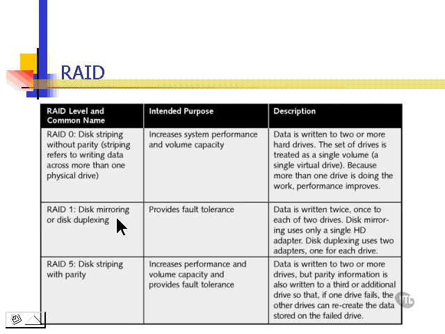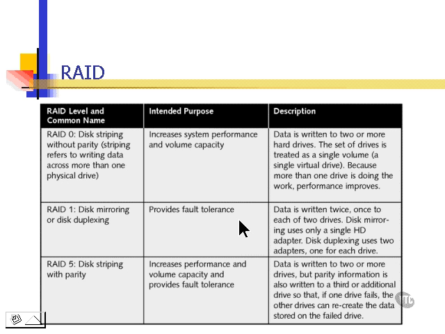RAID level 1, disk mirroring or disk duplexing, does provide fault tolerance. Data is written twice, once to each of 2 drives. So data is mirrored on 2 drives, so that if one drive were to fail, the other drive contains the same information.